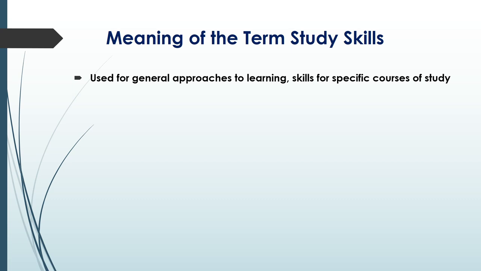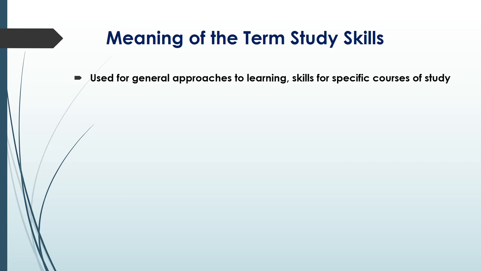These approaches are for specific courses of study, for example, if you are in BS Zoology or BS Biology, whatever your discipline is, it has many courses of study. We don't call them courses of reading. We say courses of study, meaning that you have to make an effort, devote time, and devote your energies towards it.